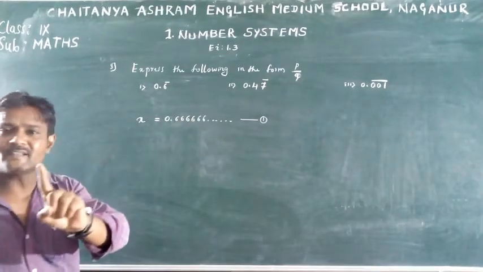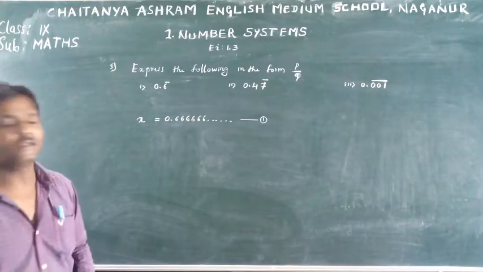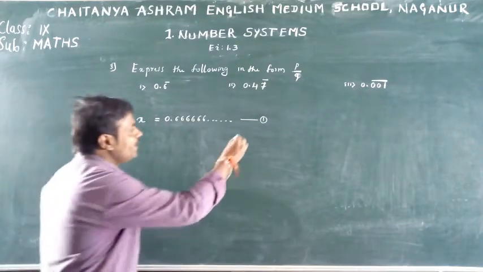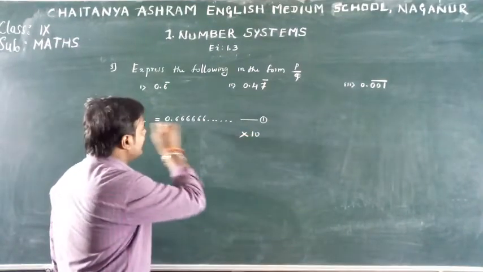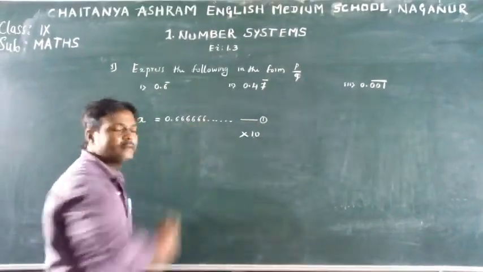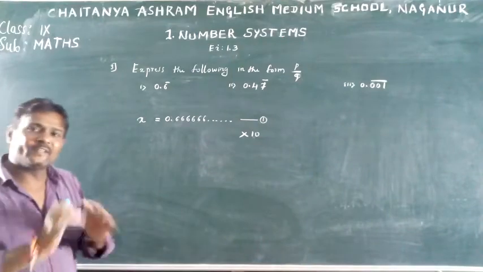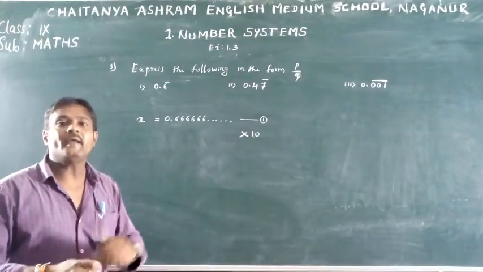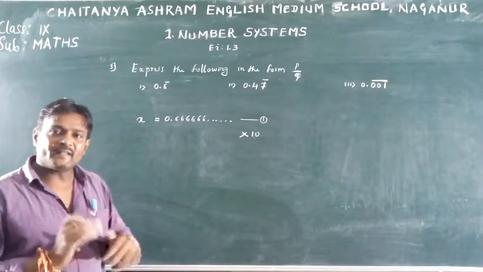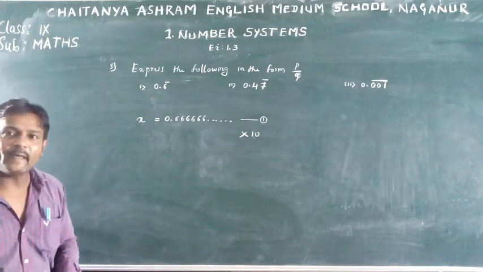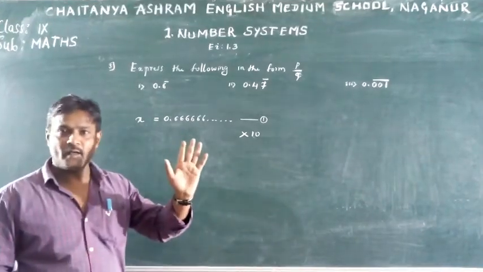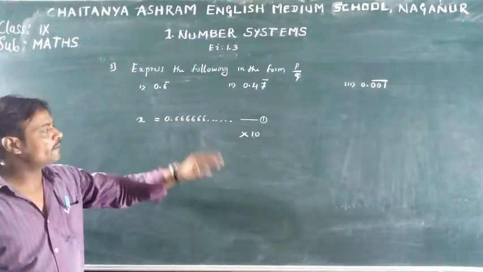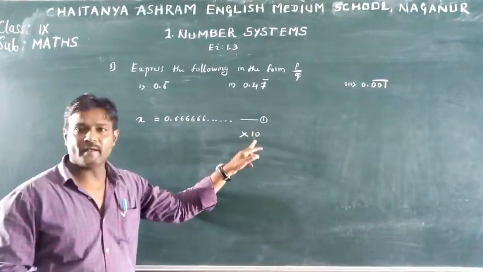So if one digit is repeating, multiply the equation by 10. If two digits are repeating in the decimal expansion, multiply it by 100. If three digits are repeating, multiply it by 1000. Clear? Here only one digit is repeating, that is 6, so multiply this equation by 10.